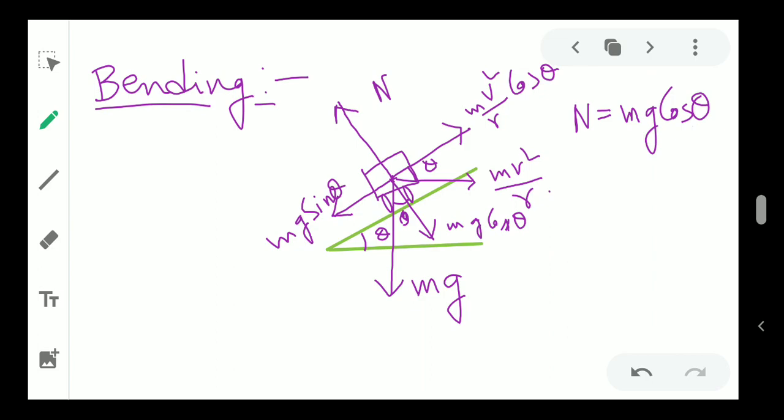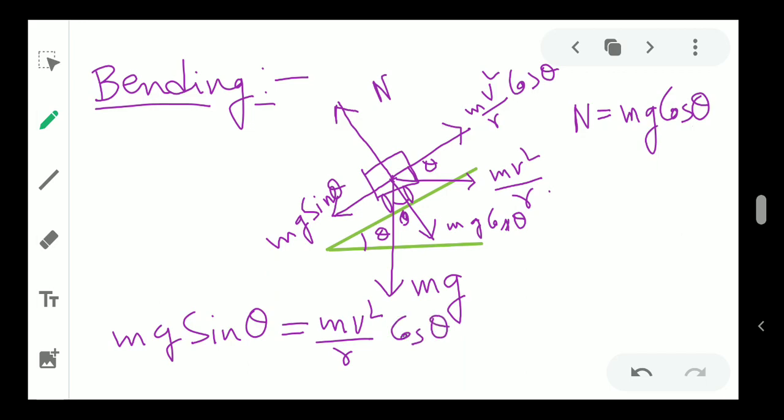If I balance these two portions, I can write that mg sin theta is balancing mv square by r cos theta. I can cancel m and m here, and I get g sin theta equals v square by r cos theta.